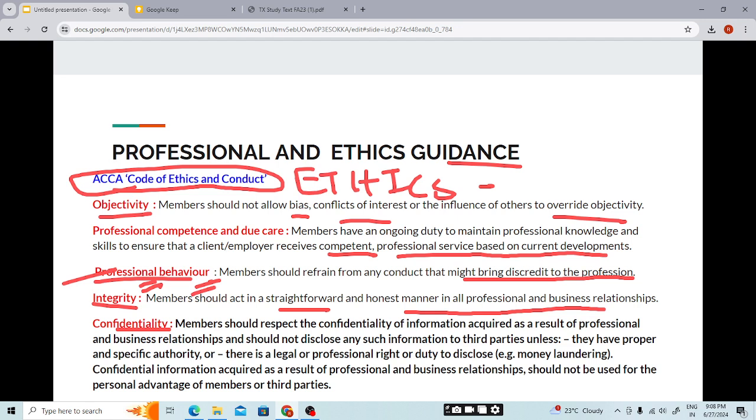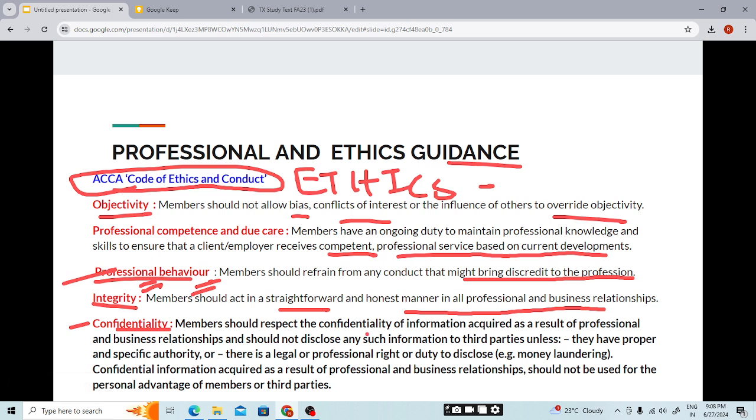I must not disclose it to a third party because I am getting some benefit. If I give the confidential data of my client to some other person for my benefit, it is very wrong. He needs to be confidential about the information of his client.